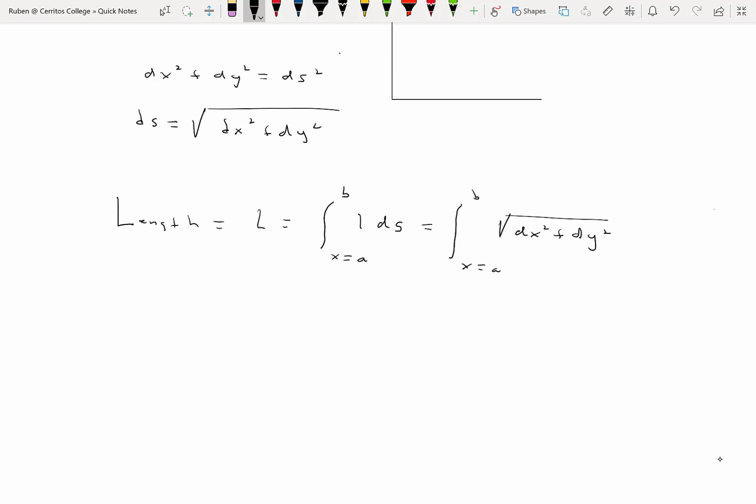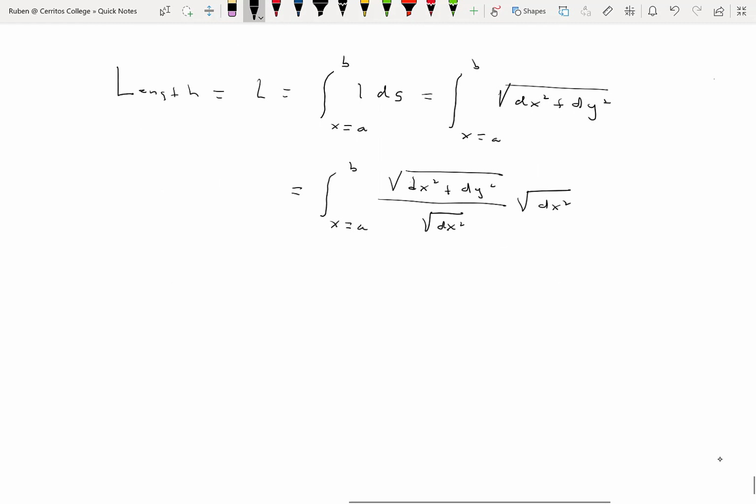So we're going to force this integral to look like something that we can deal with. So this is x goes from a to b, and I'm going to take that radical, the square root of dx squared plus dy squared, and I'm going to divide by the square root of dx squared and multiply by the square root of dx squared.